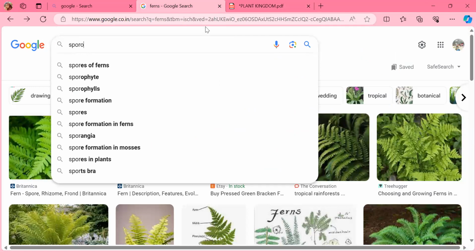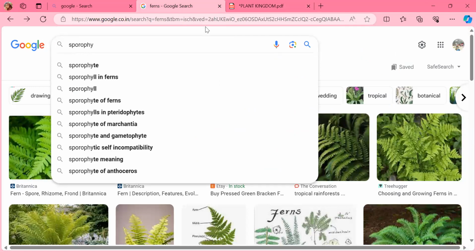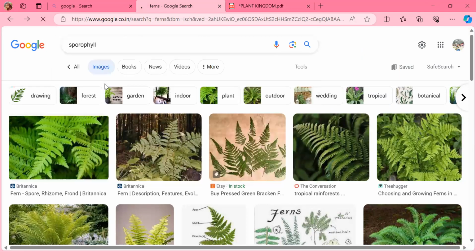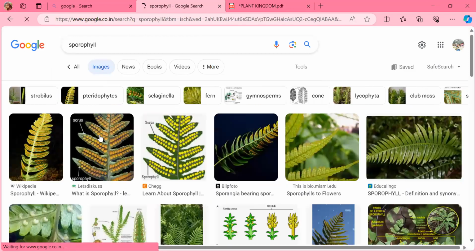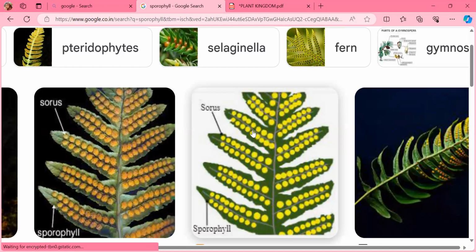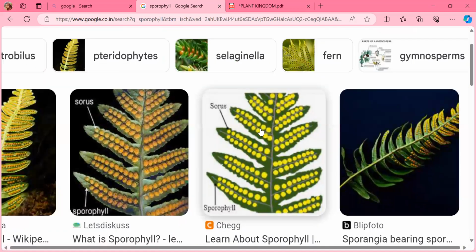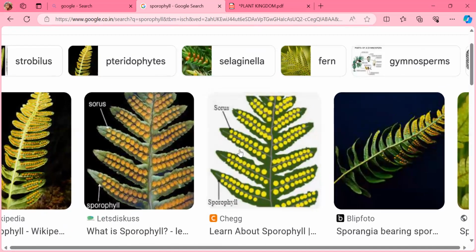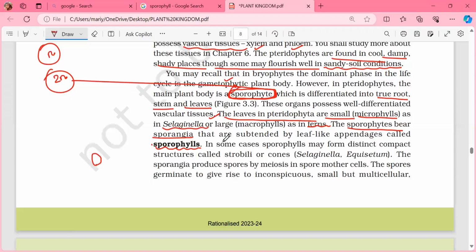See, the leaves contain the sporangia. They are sporophylls. Like how macrophyll, microphyll, phyll means leaves. Tiny leaves, microphyll. Large leaves, macrophylls.